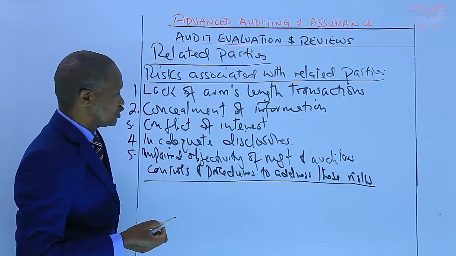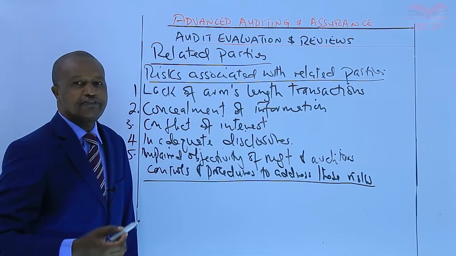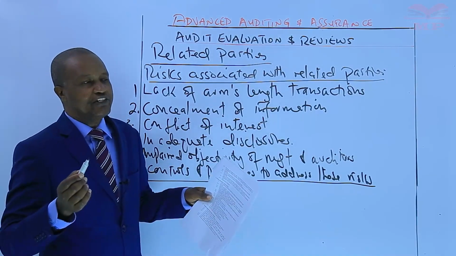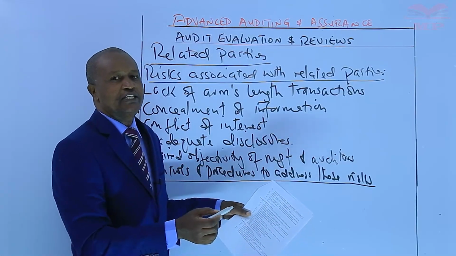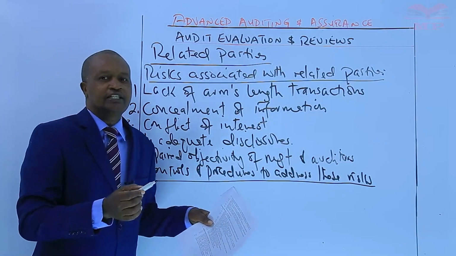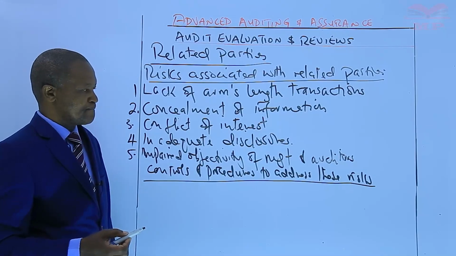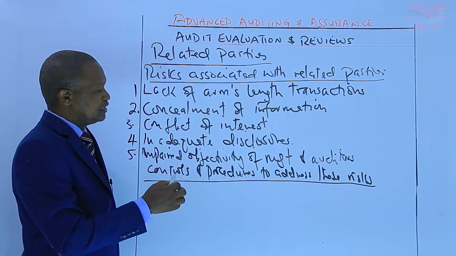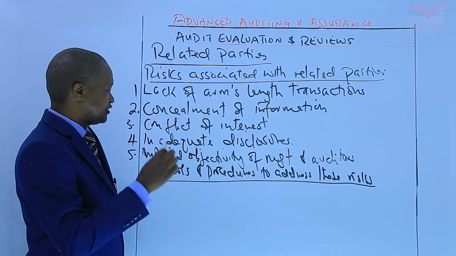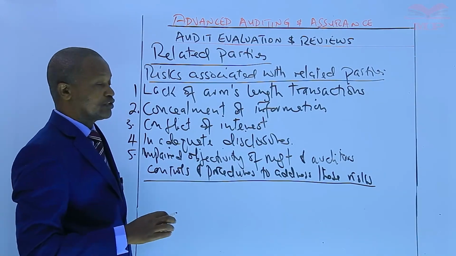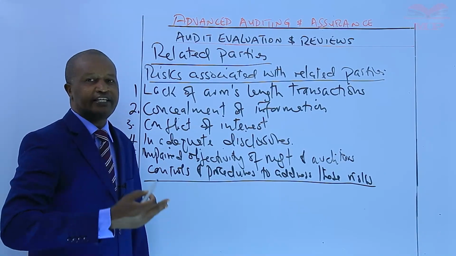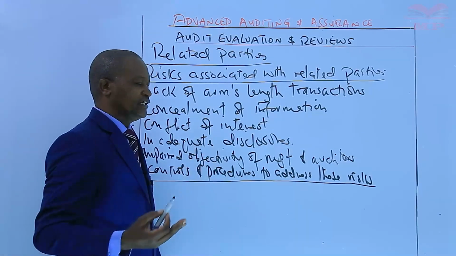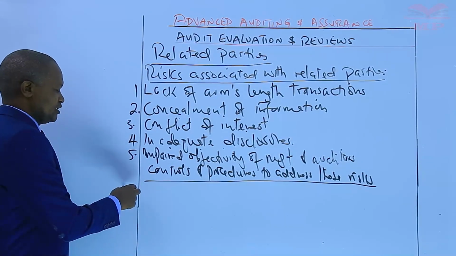And such controls may include identifying and assessing related party transactions and relationships, because there is no way that the company can address these risks without first of all identifying and assessing the related party transactions.